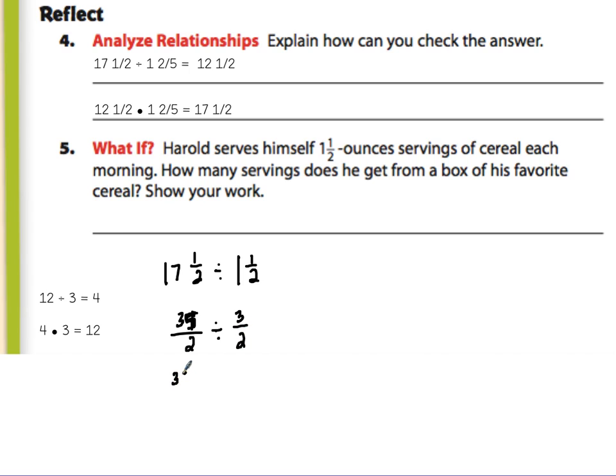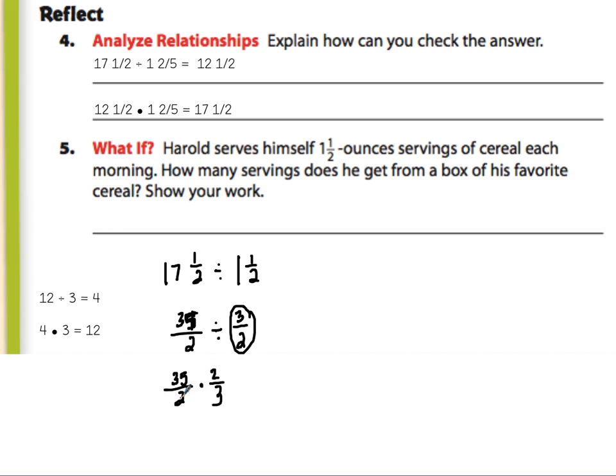I change it to multiplication of the reciprocal. Now remember, I take the reciprocal of the divisor. The divisor does the dividing. So if I say 35 halves divided by 3/2, I know whatever comes after divided by, that is my divisor. So in this case, I'm going to change it to multiplication of the reciprocal.